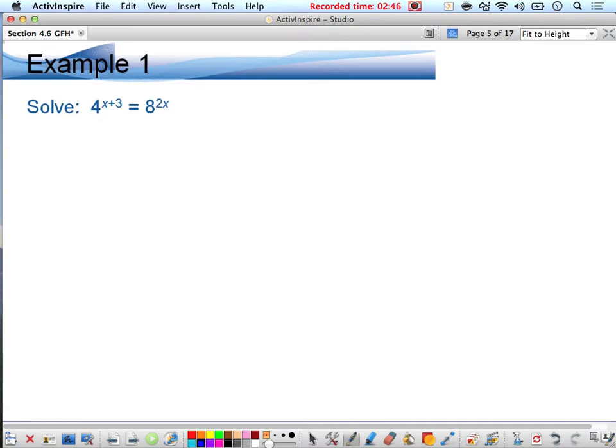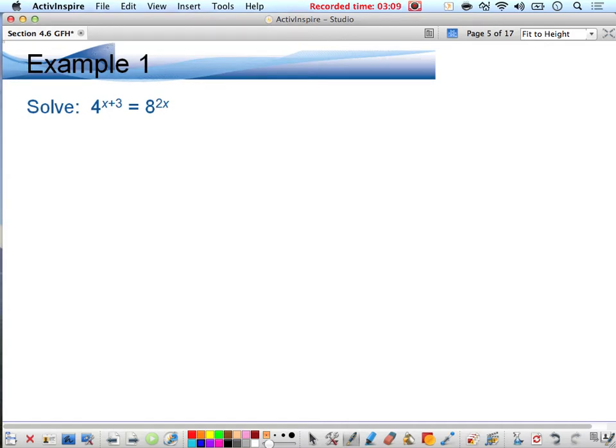Can we rewrite those bases so that they have the same base? In other words, can 4 and 8 be rewritten as the power of the same thing? They can both be rewritten as powers of what? 2, yeah. So you have to find something they can both be rewritten of, and it has to be not a multiple of it, but something that they are a power of.